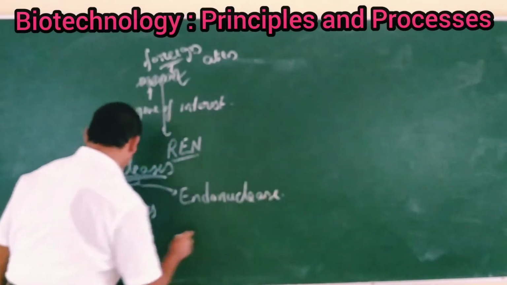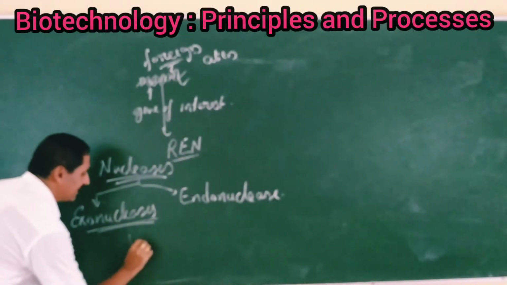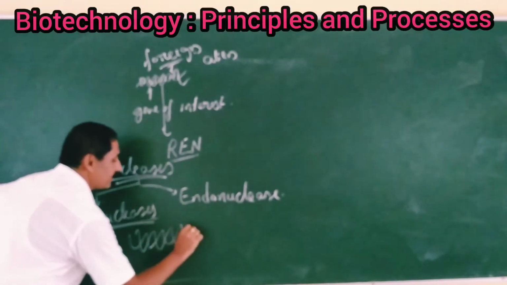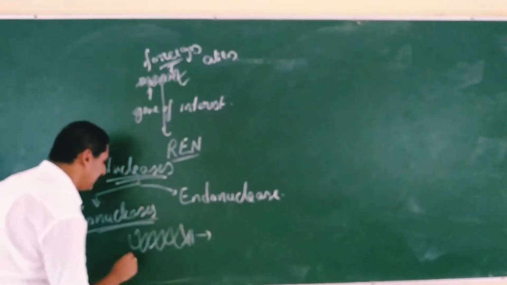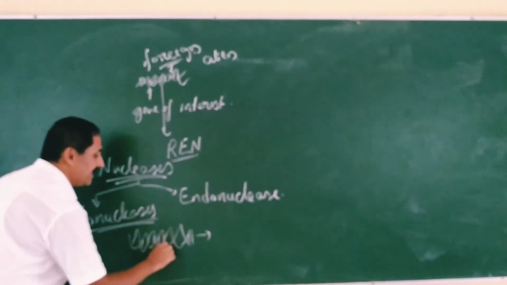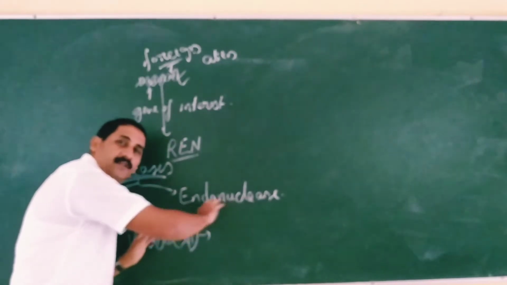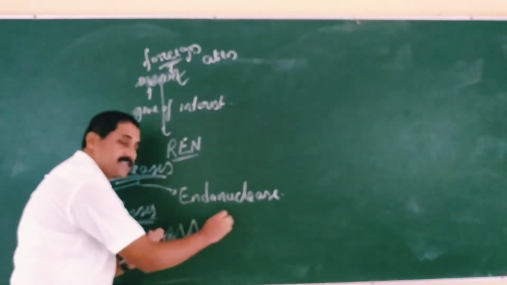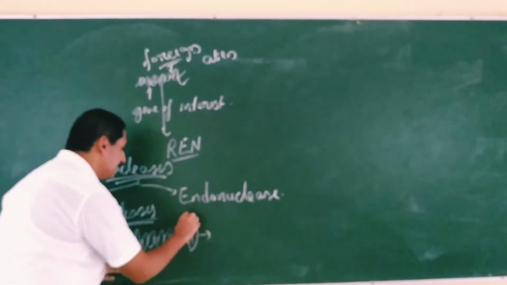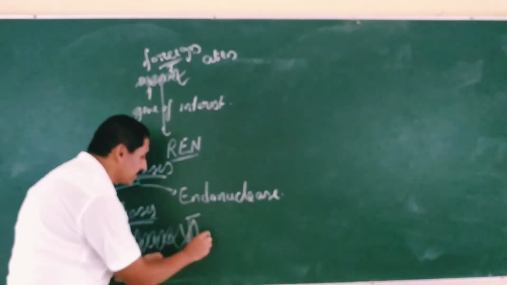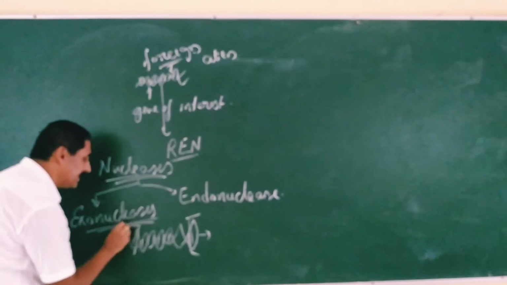The exonucleases cut the nucleotides in the DNA fragment from the end of the DNA fragment. They cleave out and separate the nucleotide at the end of the DNA.